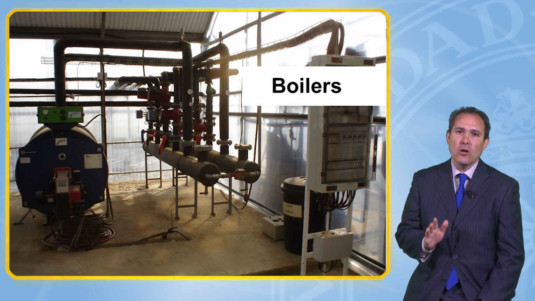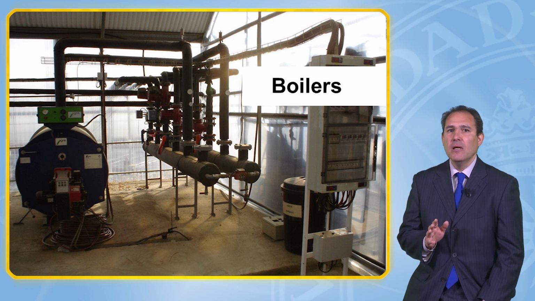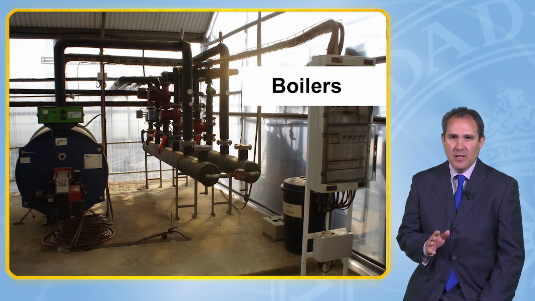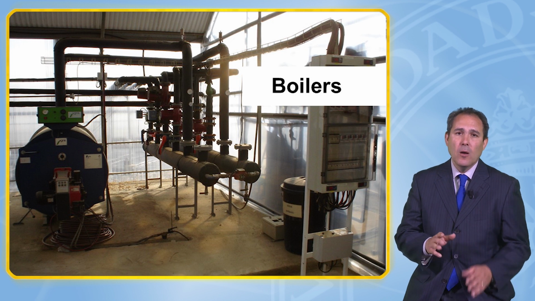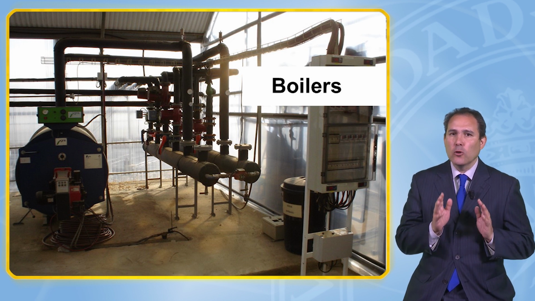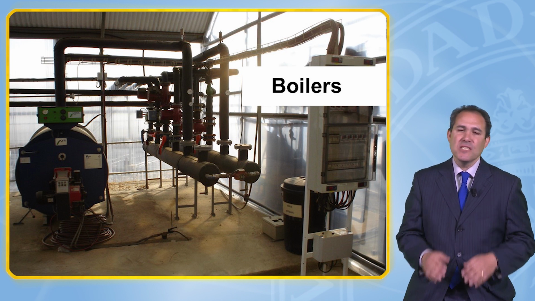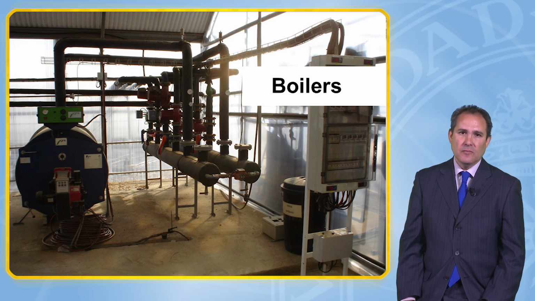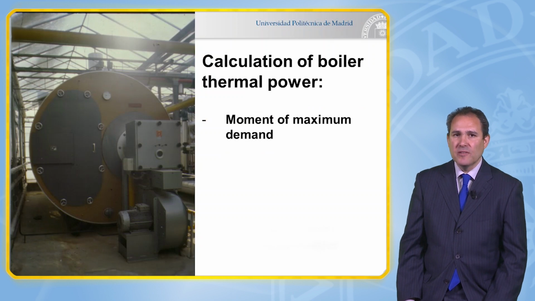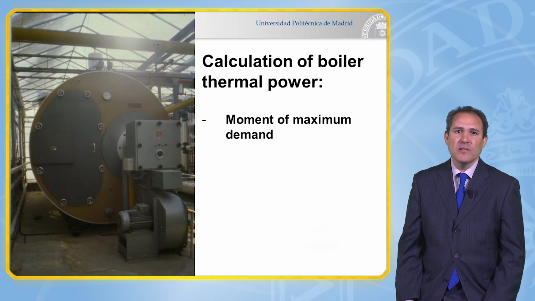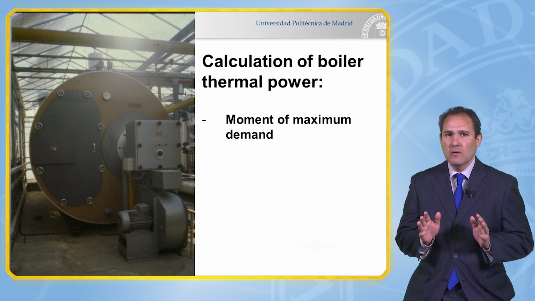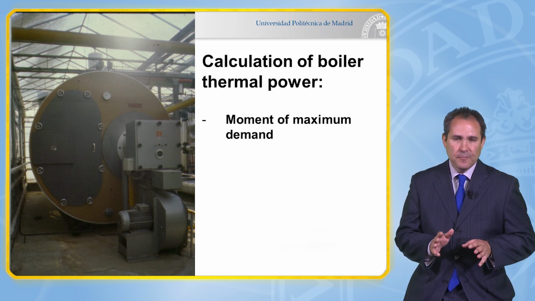Boilers are the key technology in the energy efficiency of thermal processes. Within the subject, we provide you with documentation on the types of boilers and their advantages and disadvantages. The power of the boiler is calculated with the maximum demand, or the demand at the most unfavorable moment.